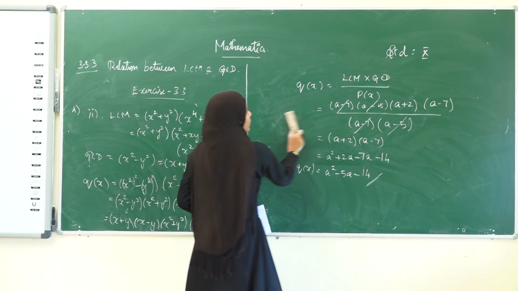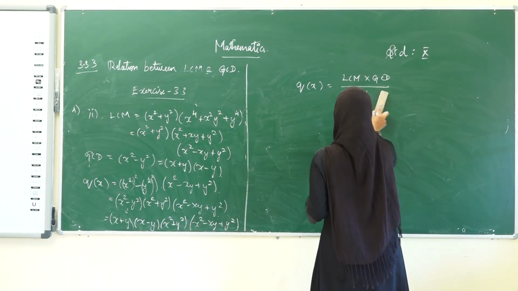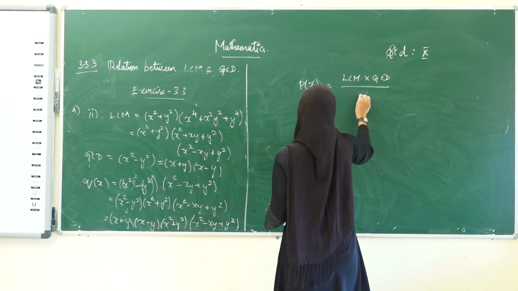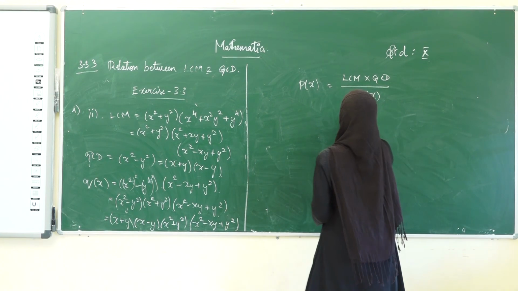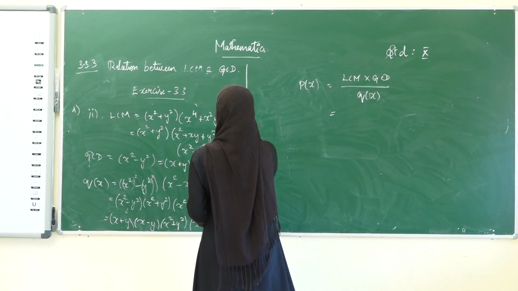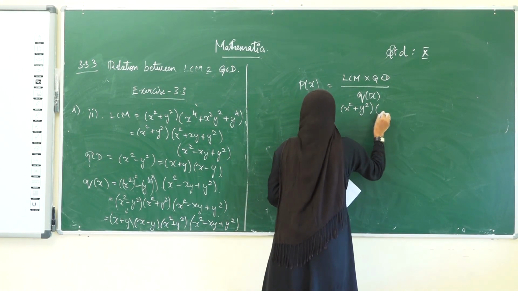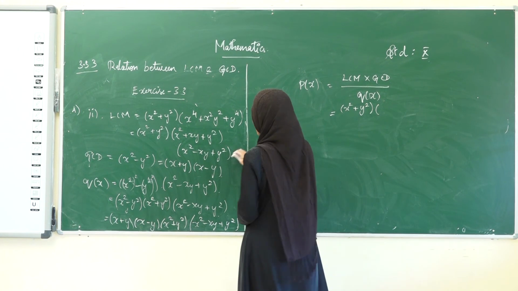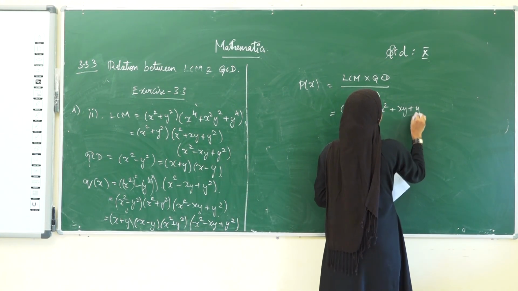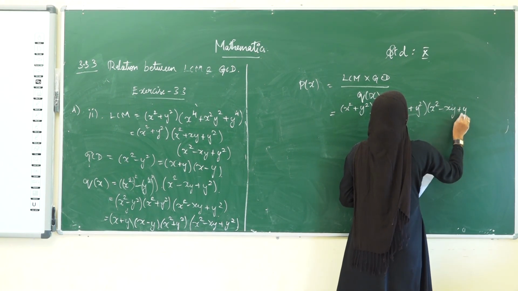Now we have to find p(x) alone. That is, we have to find p(x) instead of q(x). p(x) should come down. Shall we substitute the values? See, what's LCM here? The LCM is (x square plus y square) into (x square plus xy plus y square) into (x square minus xy plus y square).